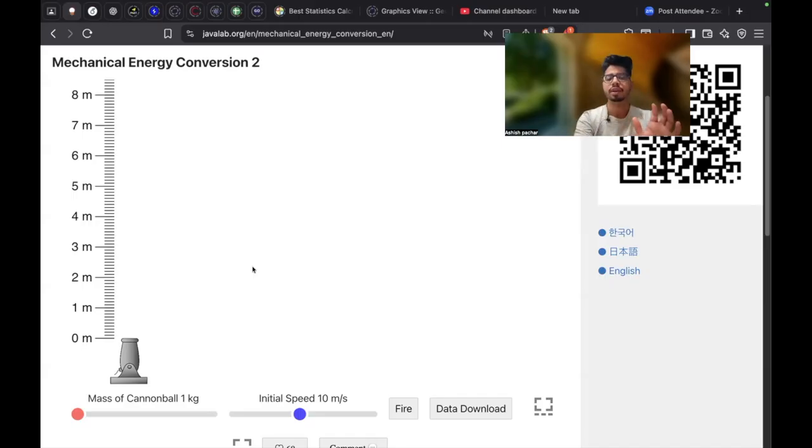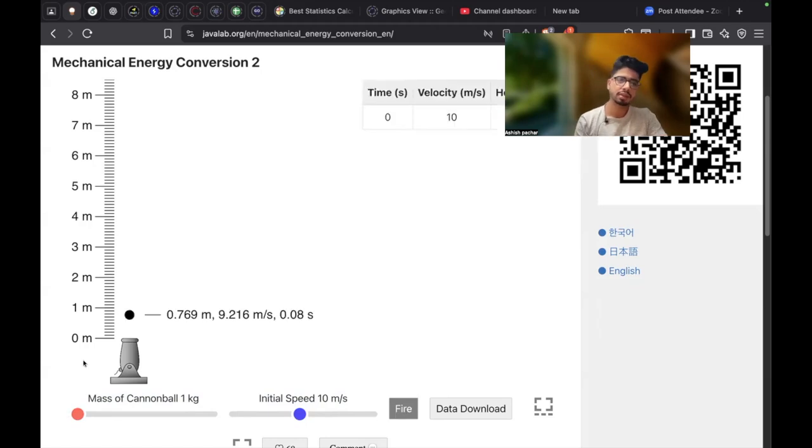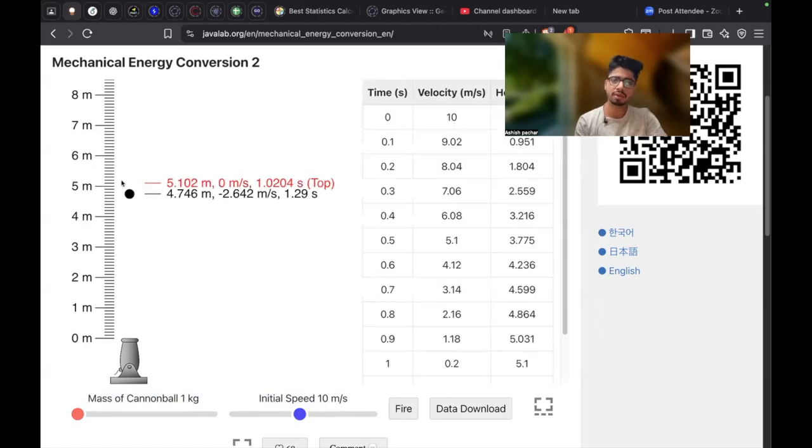So let's suppose the ball has some initial speed in the vertical motion. As you launch it, it is going to attain some maximum height.